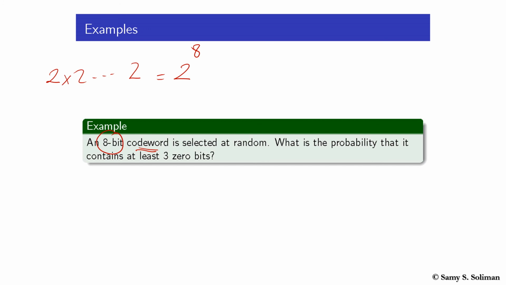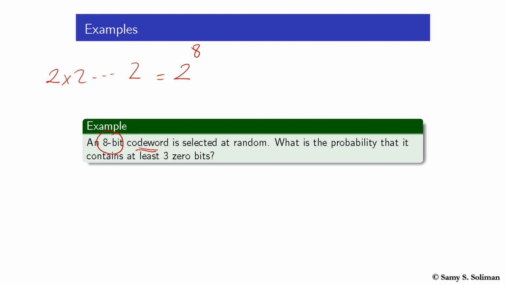But it is asking what is the probability that it contains at least 3 zero bits. So one way of solving this problem is to list all the possible code words.